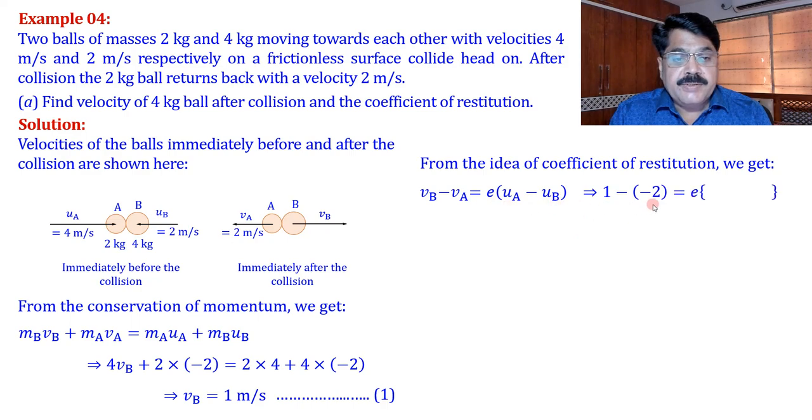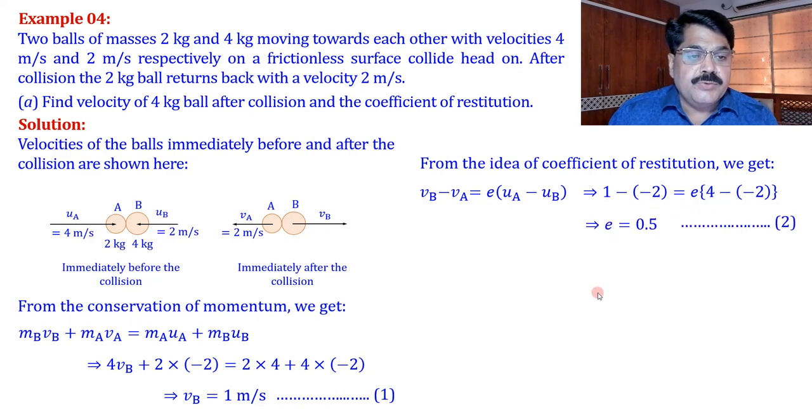So 1 minus minus 2 is equal to e times 4 minus minus 2, where VB is 1, VA is minus 2, UA is given as plus 4 and UB is minus 2. So from here, e is equal to 0.5 or half. For this collision, the coefficient of restitution is half.